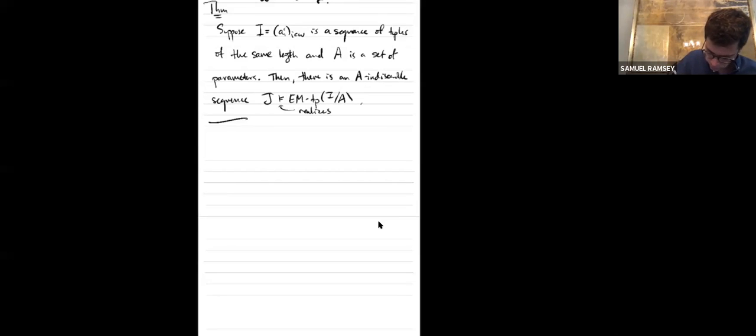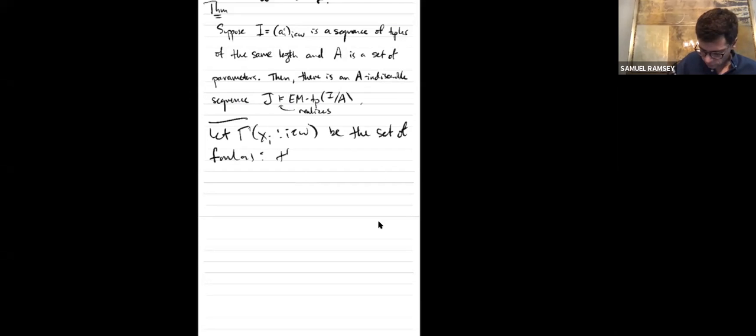All right, so what we'll do is we will let gamma, which is going to be a partial type in the variables x_i, i less than omega, be the partial type, the set of formulas. So I take the union of the EM type of I over A and the following assertions.